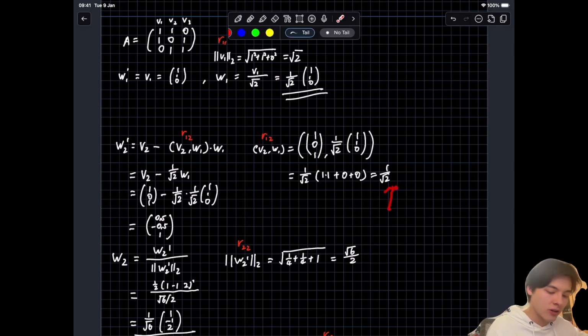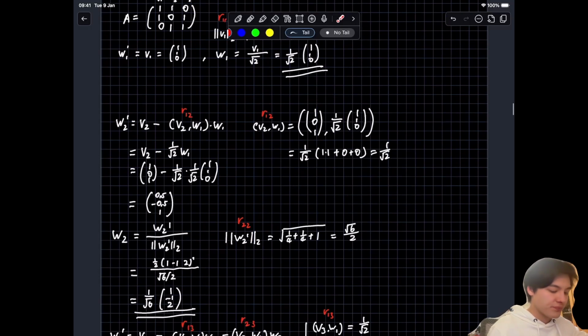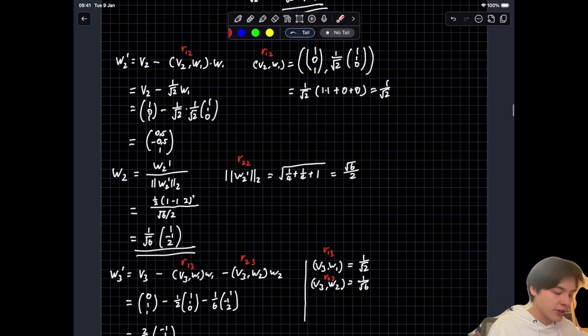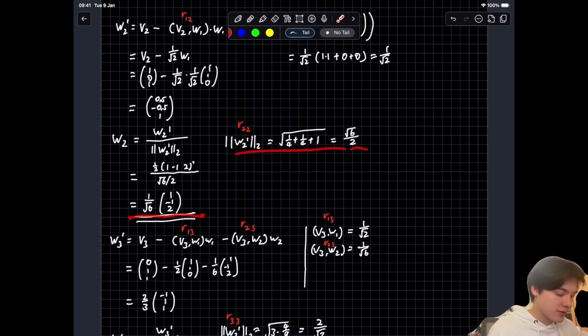So the orthogonal component, which this one cannot do, is in this direction, right? So we're trying to find something that's orthogonal to this vector. So we would minus that one, so this would be our second W2 prime. So we need to normalize it. We find it's this. So yeah.